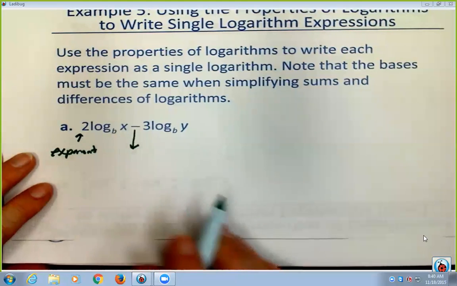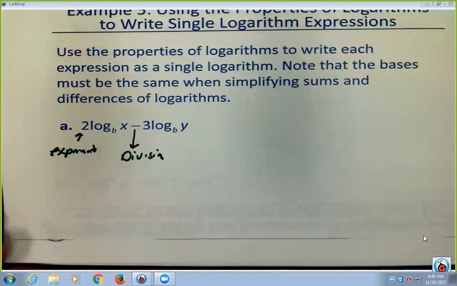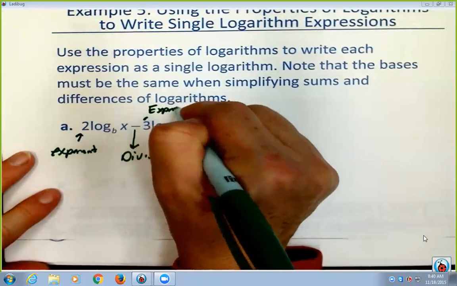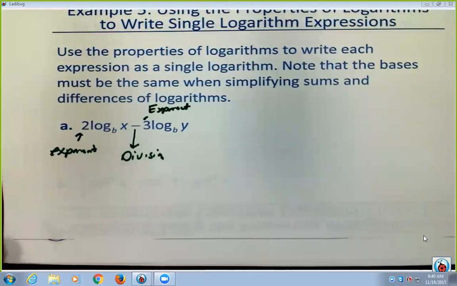The subtraction says I've got a division that's happening there. This 3 is an exponent, and it's an exponent on y. All right? So I'm going back, and I'm looking at stuff, and I'm seeing what pieces I happen to have.